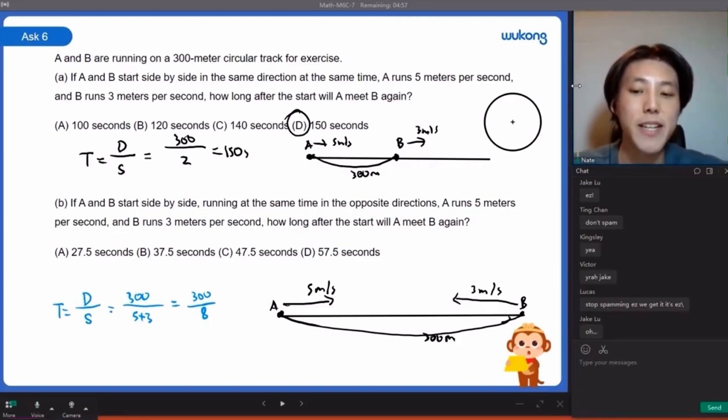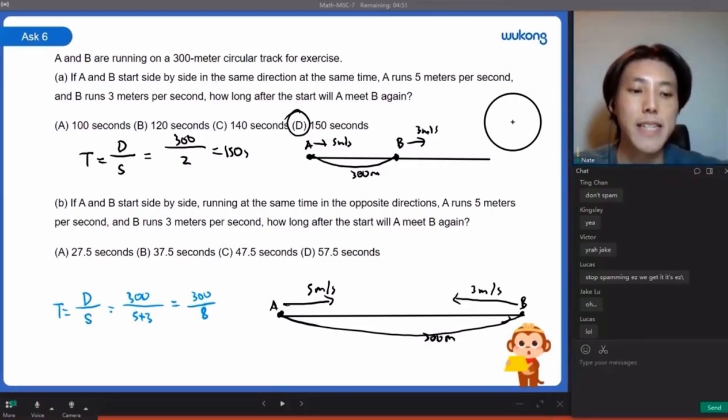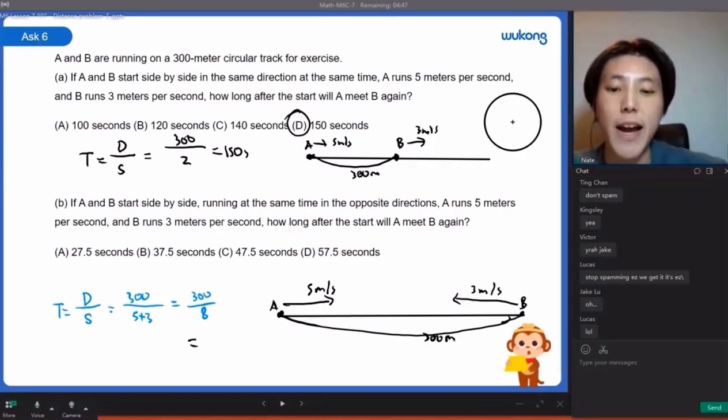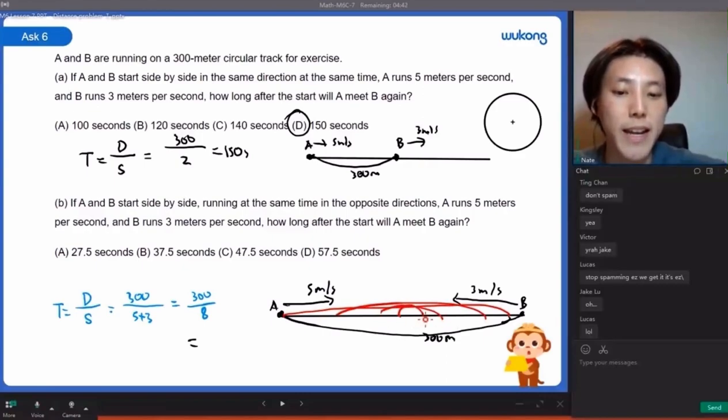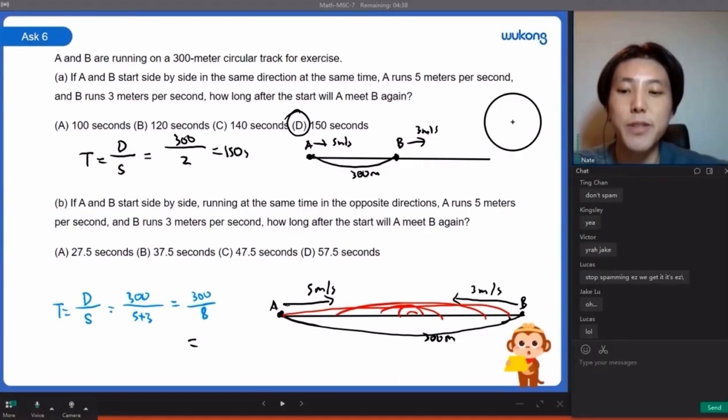We're looking for the distance, and you'll have to combine the distance here, because the distance between each other after every second is going to get shorter and shorter again. So you have to combine it, and the answer was 300 divided by 8, which is 37.5 seconds.